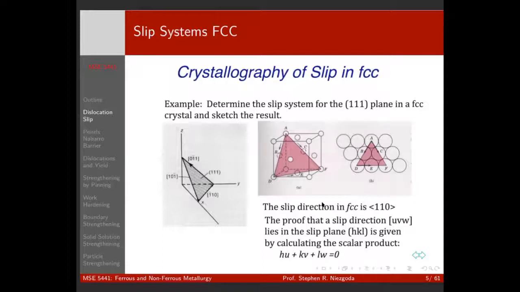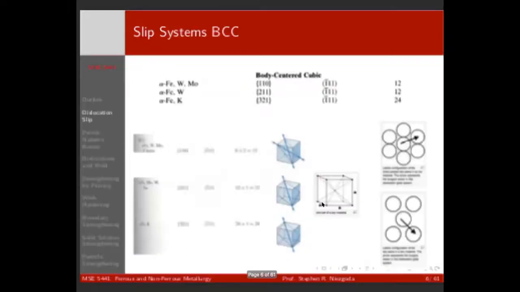Why does it prefer to be on the close packed planes? Furthest apart. Why in the close packed direction? Shortest Burgers vector on that plane. So the farther apart the planes are, the easier they are to slide past each other. The close packed direction, because we have the shortest Burgers vector in that plane.